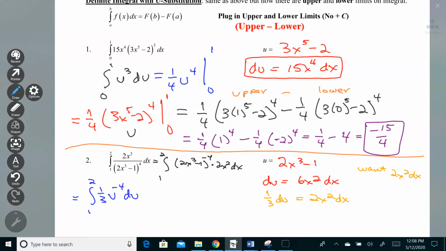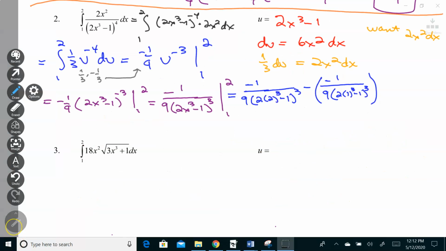And when I take this antiderivative, well, I better make this u to the negative 3. The reciprocal of that is negative 1/3, times negative 1 times 1/3 is going to be negative 1/9. I'm plugging in my upper and my lower, 1 and 2. So I went back in and I plugged in my u.